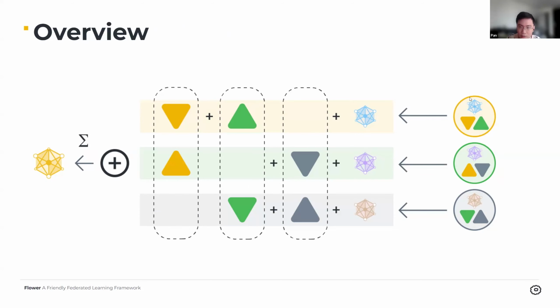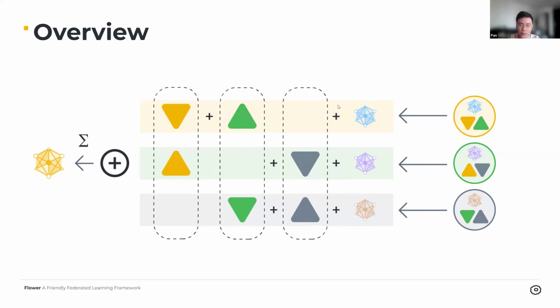As you can see here, client 1 adds a yellow mask and a green mask, and the second one also has a yellow mask, but it's exactly the opposite. If we sum all these together, the yellow masks cancel out each other, and the green masks also cancel out each other. What's left is the original model updates.